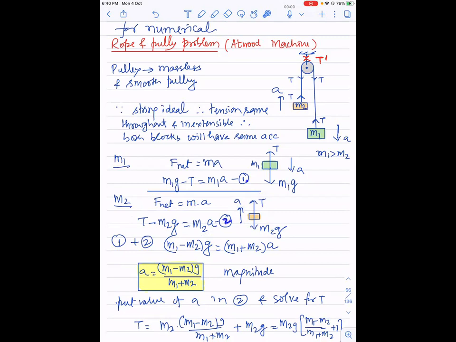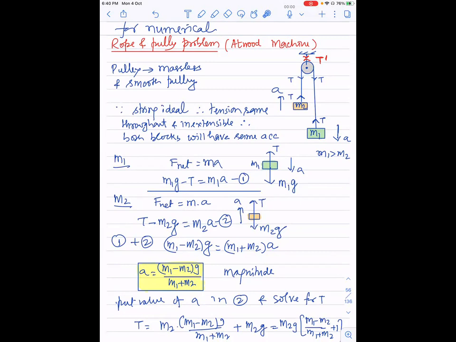If we add 1 and 2, the T terms get cancelled, so we will be left with this. Take a common from one side and g common from the other. Solving for a, it will be (M1 minus M2)g upon (M1 plus M2). This is the magnitude; one is going down, the other is going up, so there is no sign convention here.